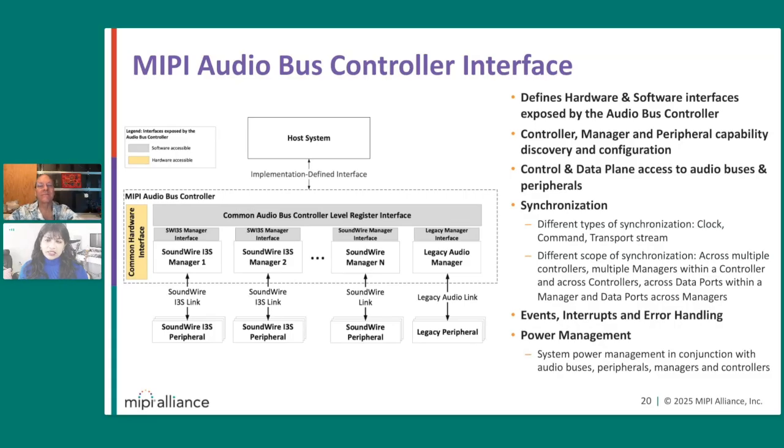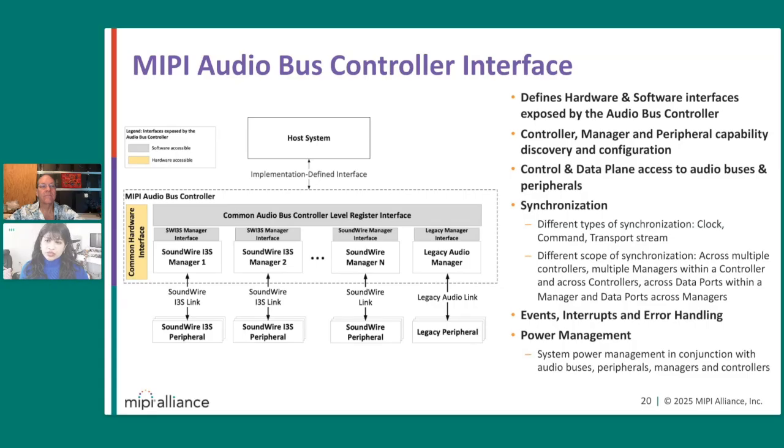And inside the audio bus controller, we have a common hardware interface, a common register interface, and multiple manager interfaces, each corresponding to an audio bus type. And then each manager has its own set of peripherals connected via its respective link. And the audio bus controller coordinates them all. One of the key functions of this specification is to define the capability of discovery and configuration.